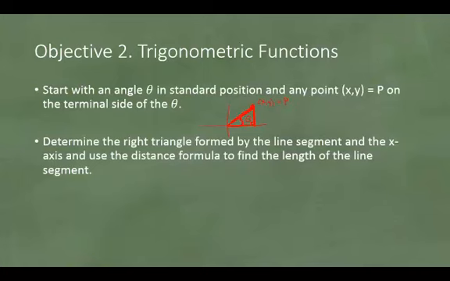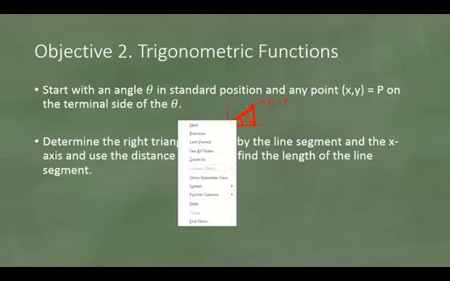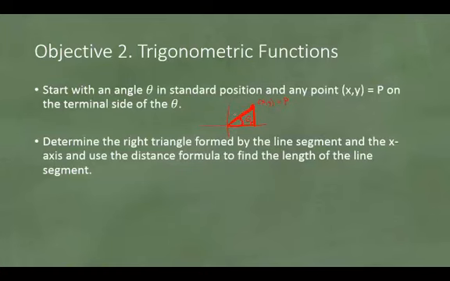We're going to use the distance formula to find the length of this line. We call this height y because that's the y coordinate, and this width x because that's the x coordinate of that point. We want to find this value right here, which we can call r.